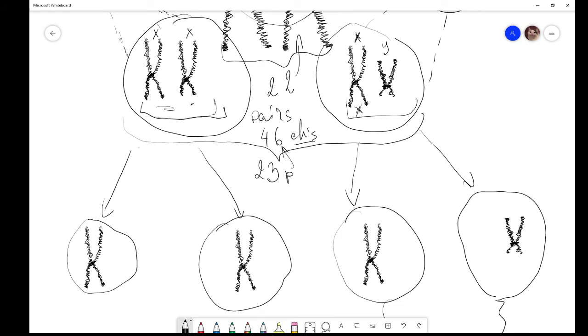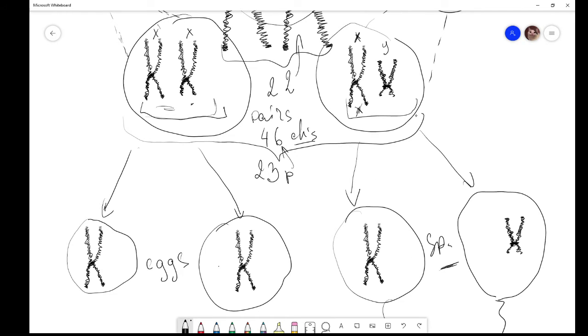As you can see, I draw here, the female organism can give to their offspring only an X chromosome. These are the eggs, and these are the sperm.